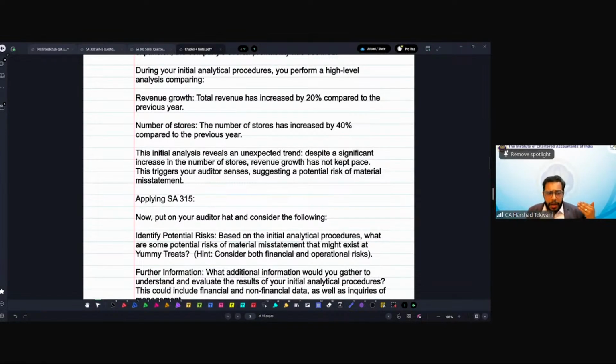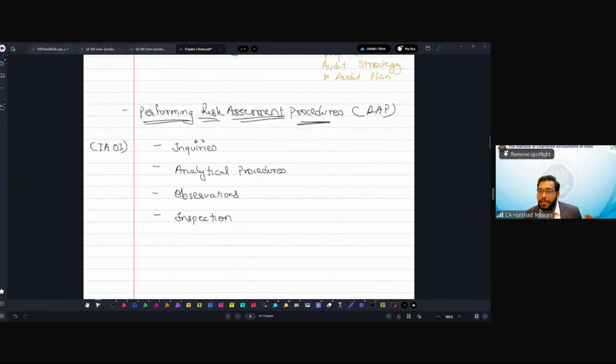So there could be a number of risks that I can identify by just this initial analytical procedure. That's why performing analytical procedures is advisable, because that gives you an understanding of some of the areas of risk, or some of the areas of material misstatement.